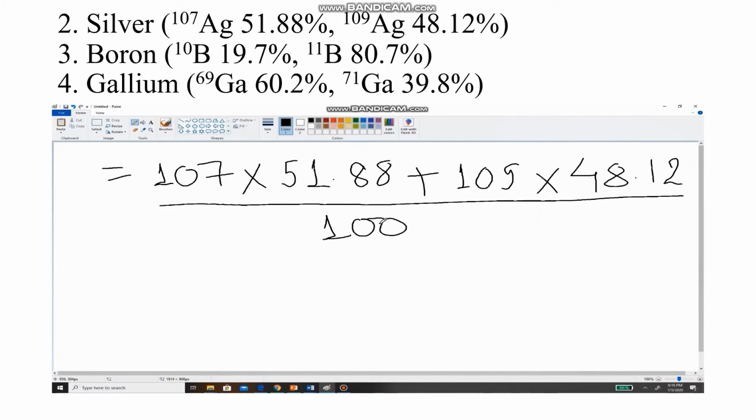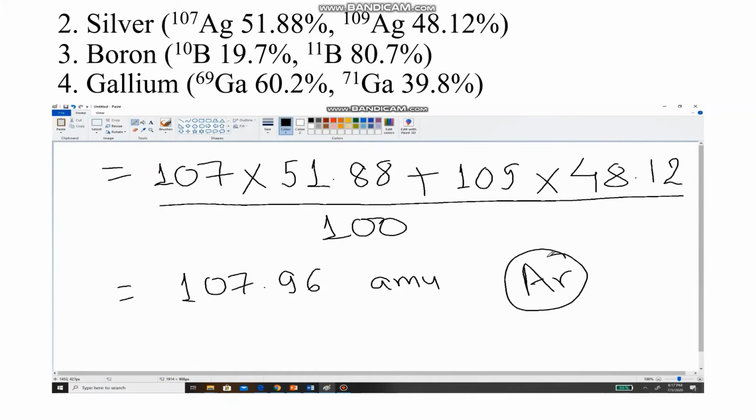So when we calculate this we get 107.96 AMU. So this is the relative atomic mass of silver, and this is the answer to question number 2.